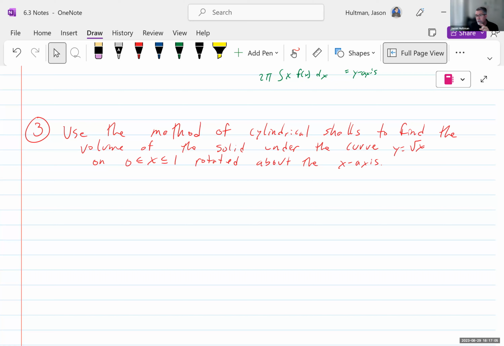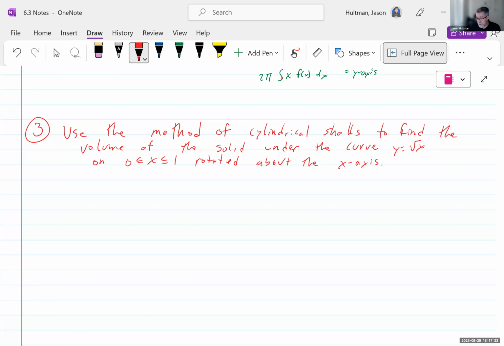However, sometimes it's not feasible. You know, maybe instead of to a 1/2 power, maybe it's to a 5/2 power or a 3/2 power or something like that. And then we have to say, okay, but the default should be, let's do this with washers, okay?